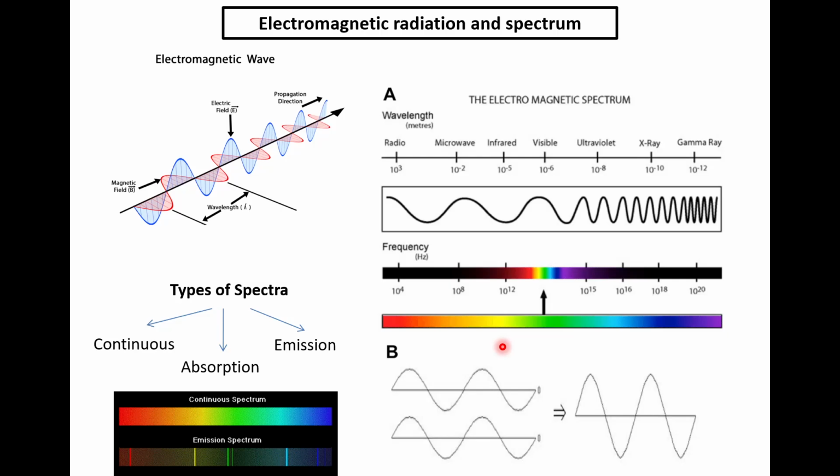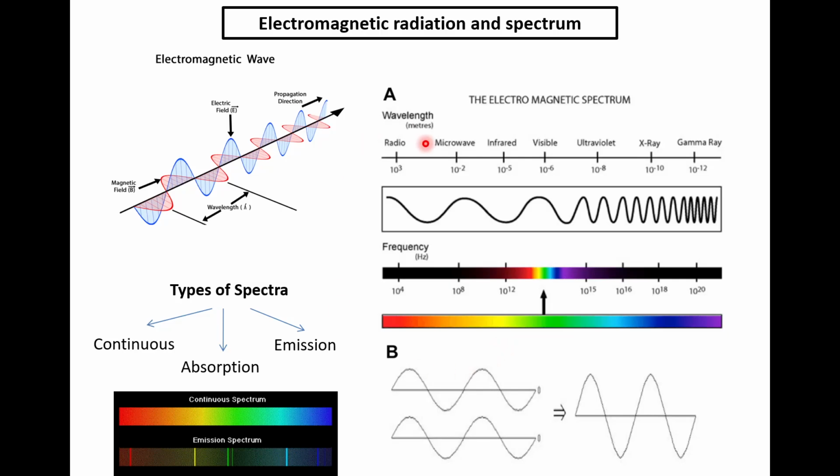Now we are going deeper into the source, that is the light, which we know is an electromagnetic radiation that falls in the electromagnetic spectrum. Okay, so you see radio waves, microwaves, infrared, visible, ultraviolet, X-ray and gamma rays.